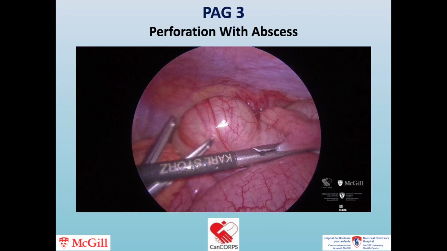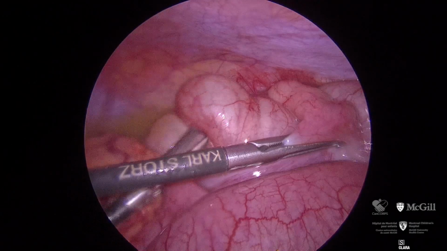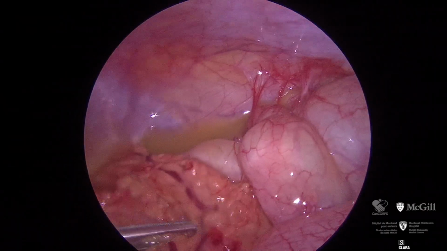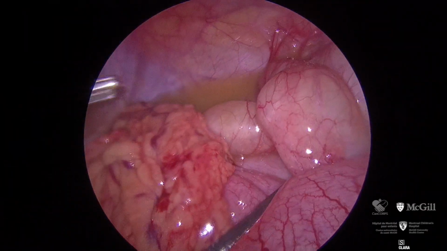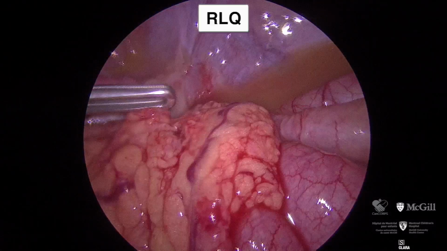This is an example of PAG 3, a perforation with abscess but no generalized peritonitis. In this case, on entry into the abdomen, we see purulence in the right lower quadrant and an appendix stuck in the pelvis.